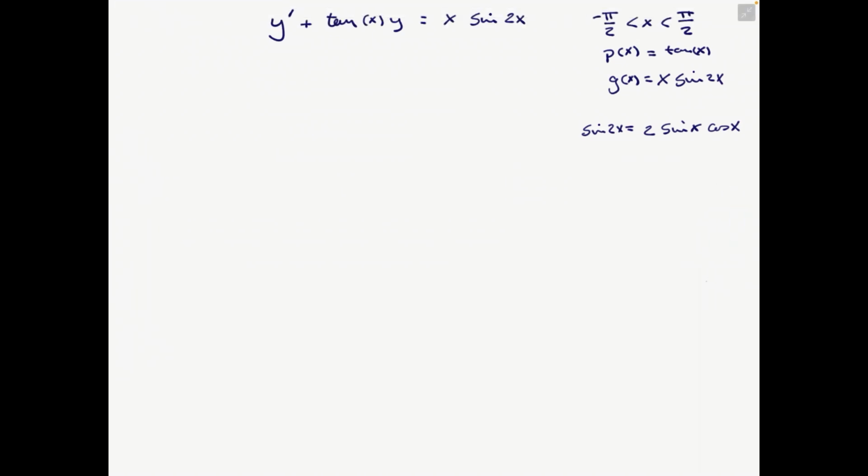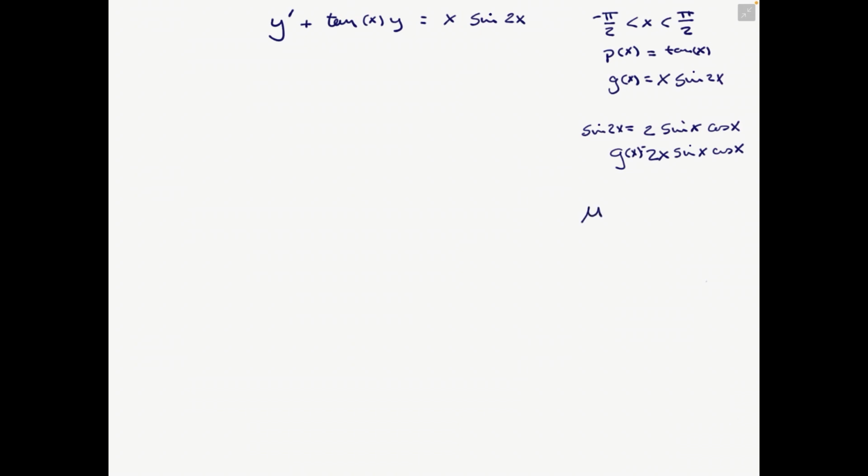So let's write that out. g of x could be 2x sine x cosine x.